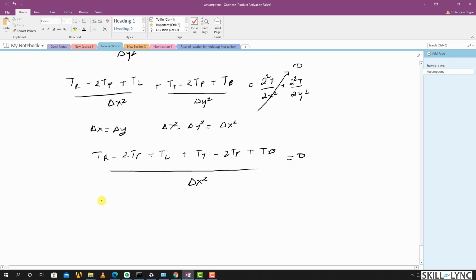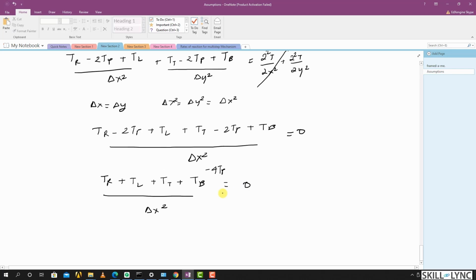So if you simplify this, you would get T right plus T left plus T top plus T bottom, and then you have minus 4 Tp in the numerator, divided by Δx squared is equal to 0. I can take Δx squared to the other side and it becomes 0.